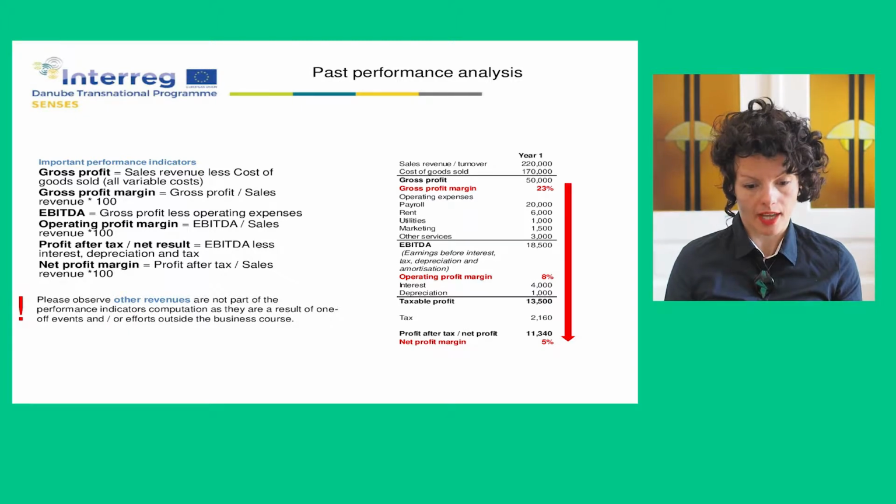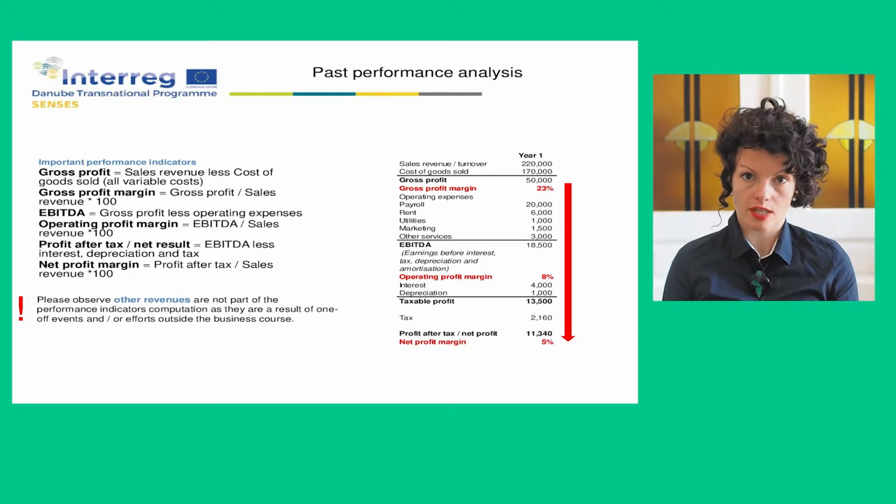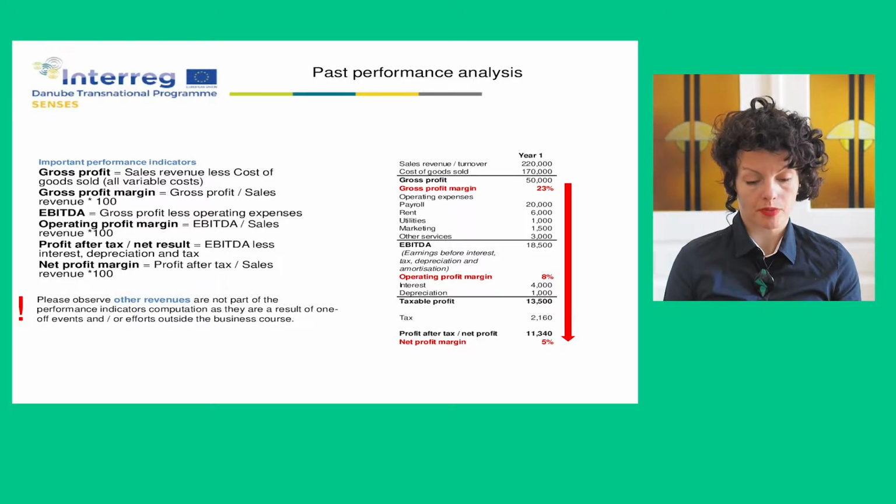The profit after tax, also known as the net result, is EBITDA less interest, depreciation, and tax. Last but not least, net profit margin is profit after tax divided by sales revenue multiplied by 100. Important: observe other revenues are not part of the performance indicators computation, as they are a result of one-off events and/or efforts outside the business course.